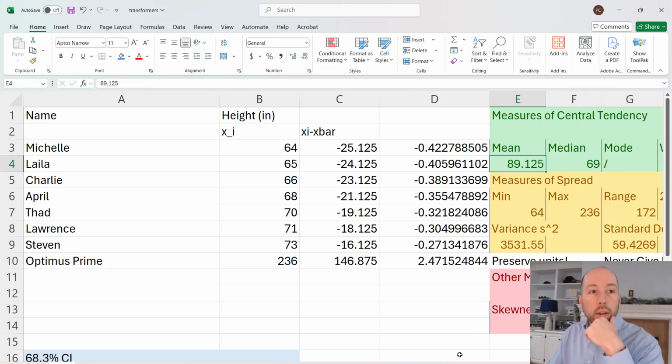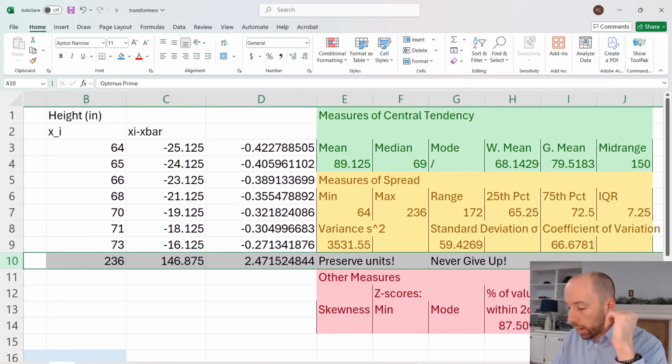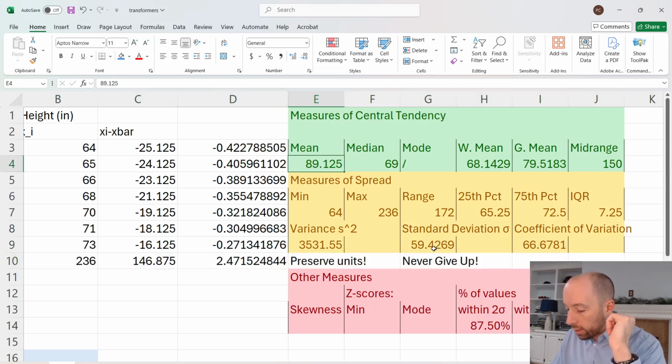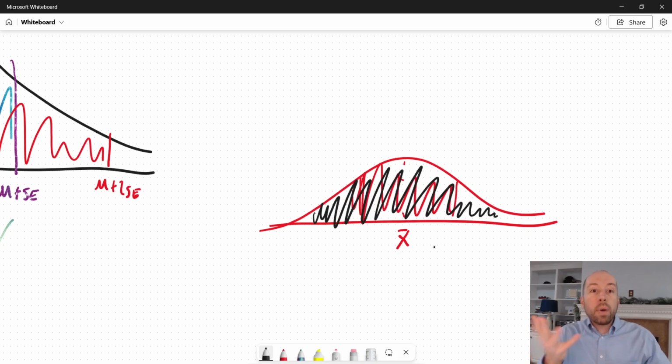No sweat, that's fine, I left them in. You'll get different numbers if you remove Optimus Prime, okay? But he's in the sample for now. The mean and the standard deviation tell me this story about the data, something about the center of the data and the distribution, the shape of the data away from the center.